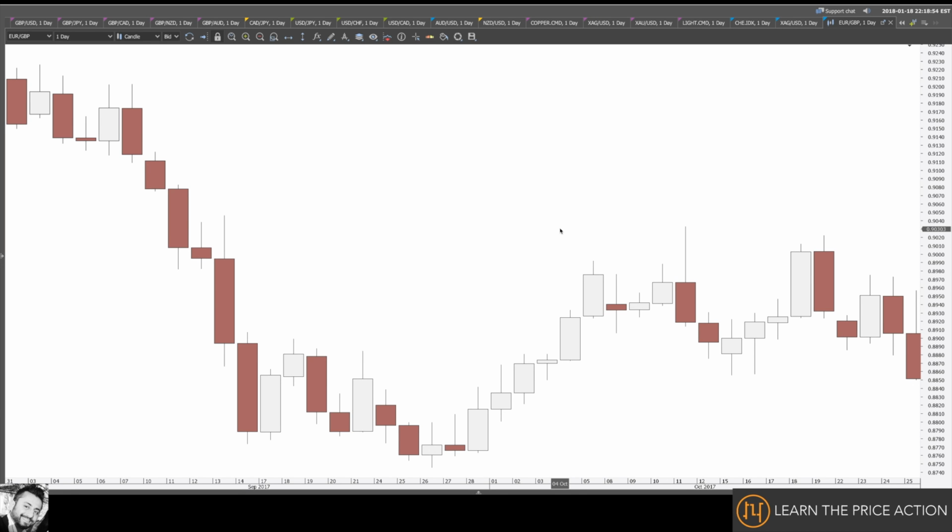priceaction.com. Today I would like to show you a price action signal that is traded by professionals, and it's basically called an inside bar.